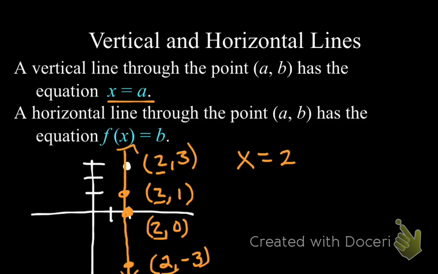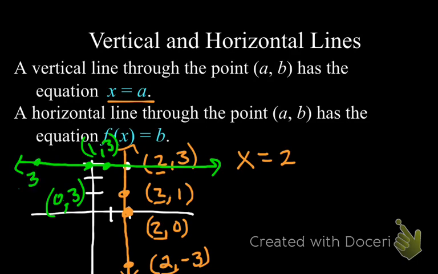If we drew a horizontal line through that point, so let me use green for that, did a little bit better that time. If we think about all those points, notice we've got 2, 3, this one would be 1, 3. If we went here, that's 0, 3. If we went back here, this is going to be like -3, 3.